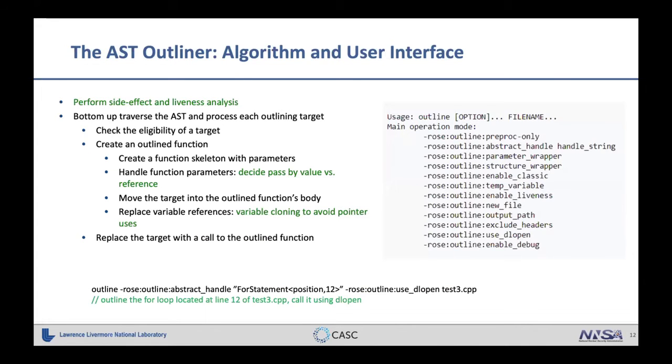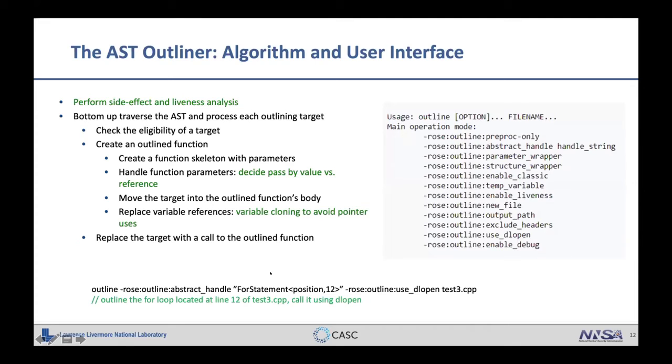Again, the internal algorithm of the AST outliner is similar to many other tools we are building. And in this particular case, we apply quite some program analysis, let's say side effect analysis, liveness analysis.